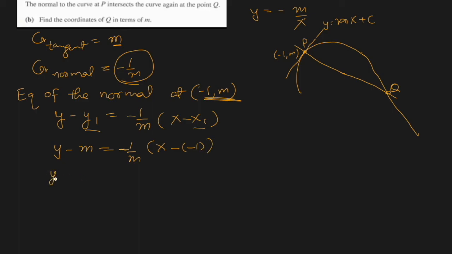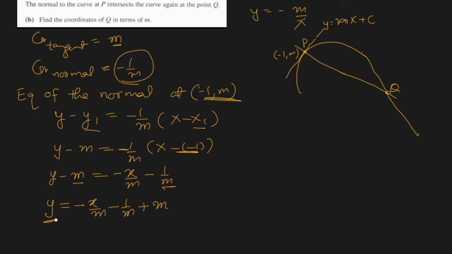Alright, so y minus m equal to, let's open this bracket, minus x over m plus, this will be plus 1 times negative 1 over m, which will be negative 1 over m. Okay, so now we have the equation with this minus 1 and this can become 1. Okay, so y equal to negative x over m minus 1 over m plus m.